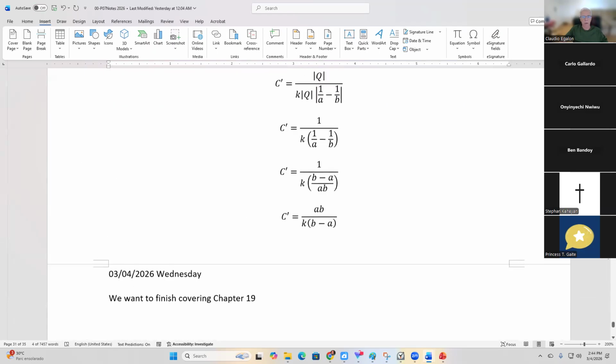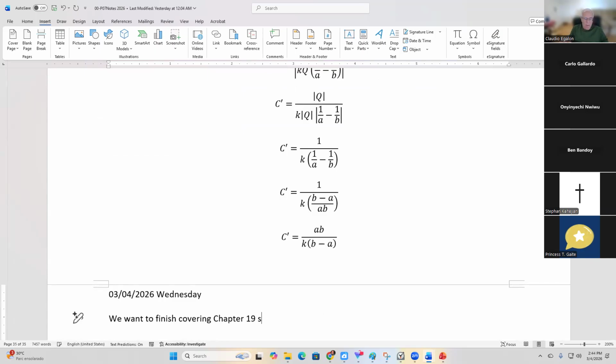The second part of section 19.5, dielectrics and capacitors.